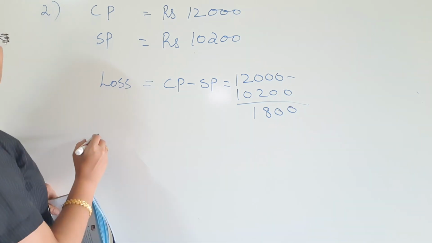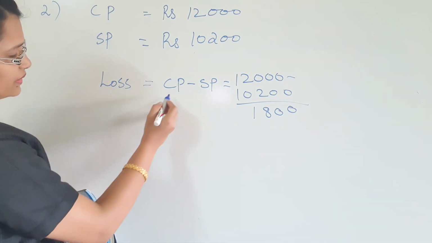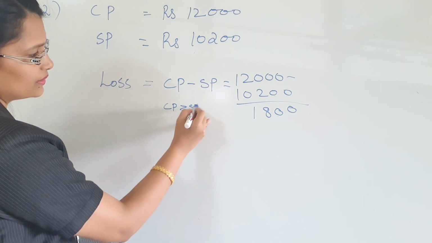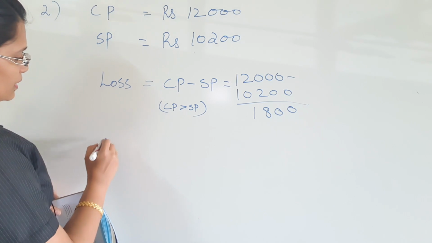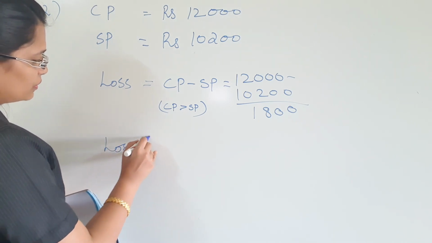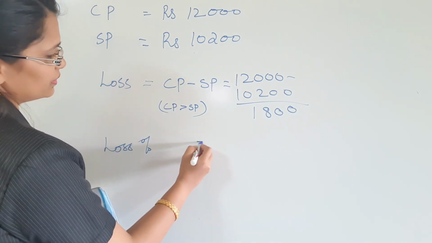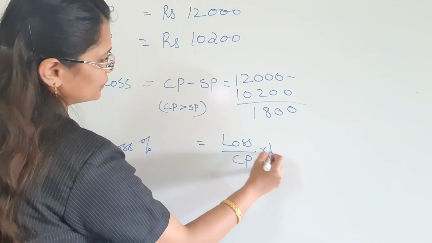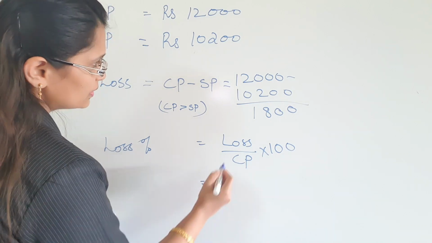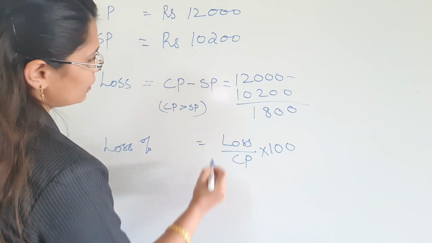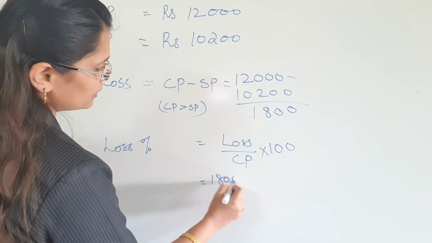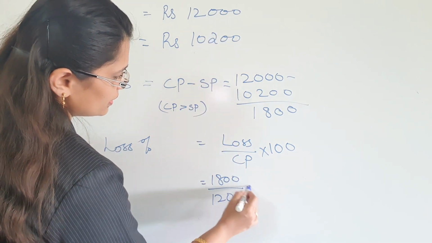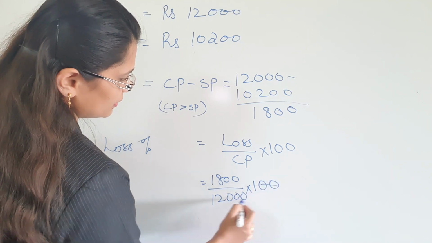This will become 1,800. Then loss percent, here which is greater? CP is greater than SP. And then loss percent is equal to loss by CP into 100 is equal to loss is 1,800 divided by CP is 12,000 into 100.